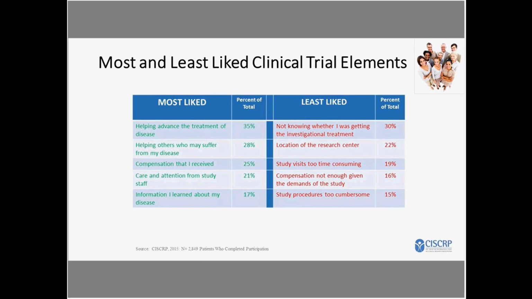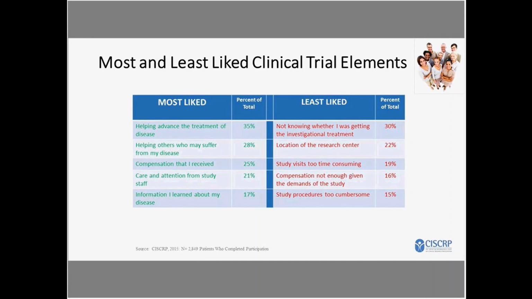At the end of a trial, we have conducted a number of assessments to really understand what contributes to study volunteer satisfaction, and I want to focus on the right-hand side for a minute. What are some of the factors that volunteers typically least like?